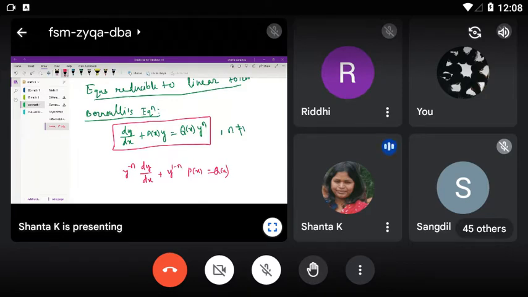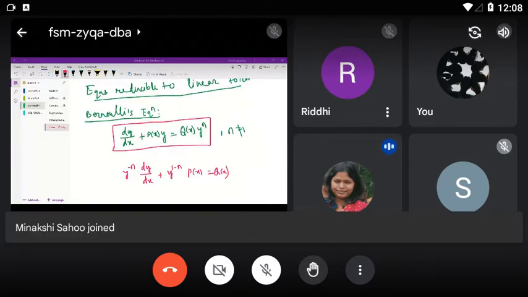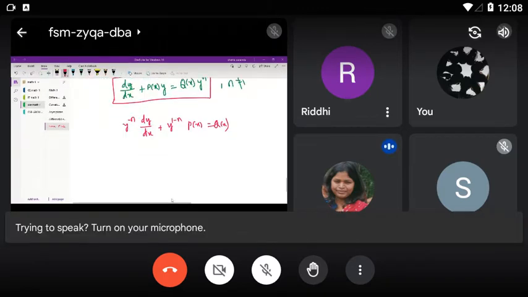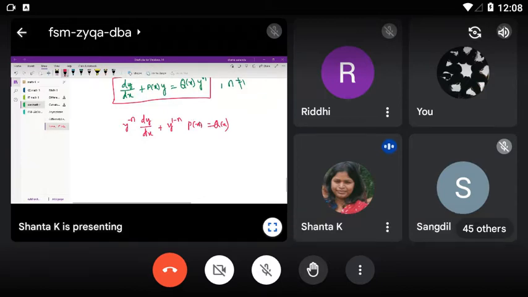Okay. So you see, by simple substitution, you can do it. You substitute y power 1 minus n as z. Okay. See, you have to change it to the linear form. So here you must have p of x and y power 1, or whatever variable. So simply if you substitute this one equals to z, what will we have here?